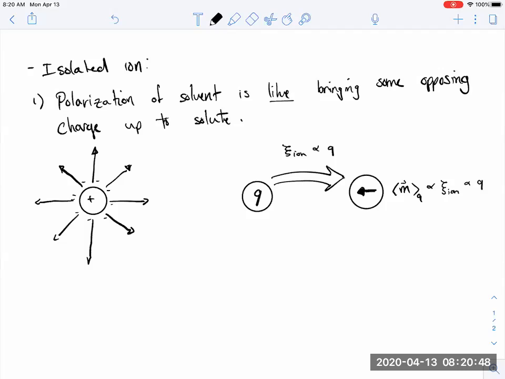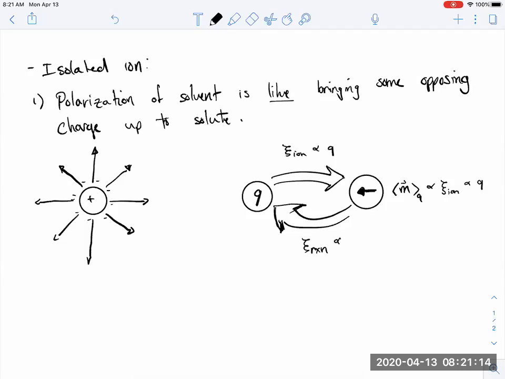Now that dipole that is generated due to the charge itself generates an electric field that's going to act back on the ion. We call that field the reaction field. It's the reaction of the solvent due to its polarization.